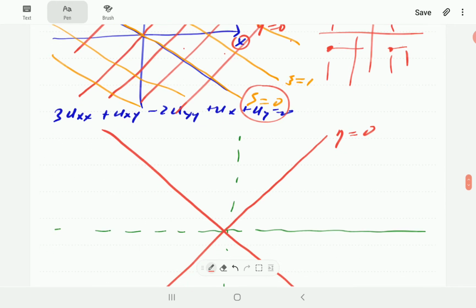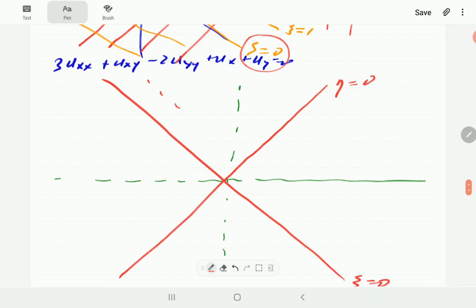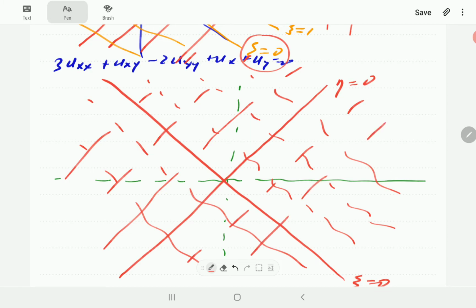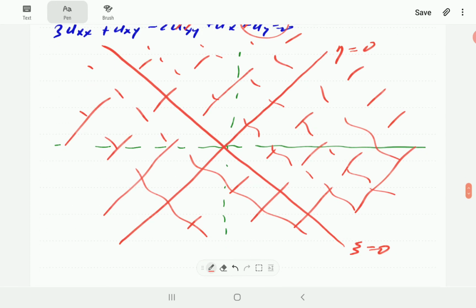Okay, so in this case, these are going to be our xi or eta equal to a constant lines, and you can see that these ones are forming into some kind of parallelograms or kites or something like that.